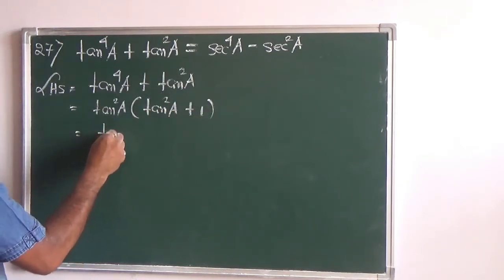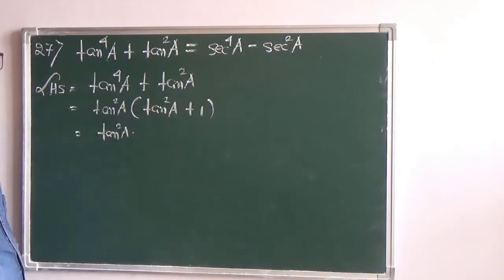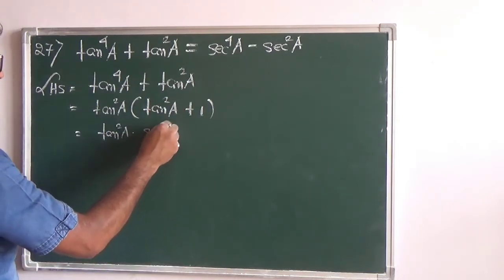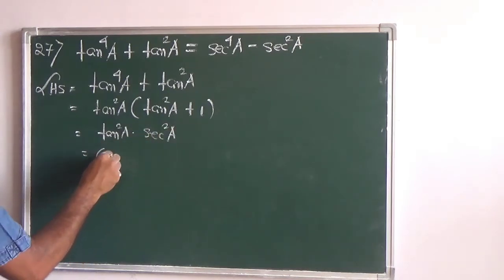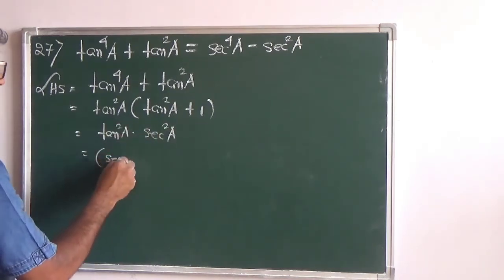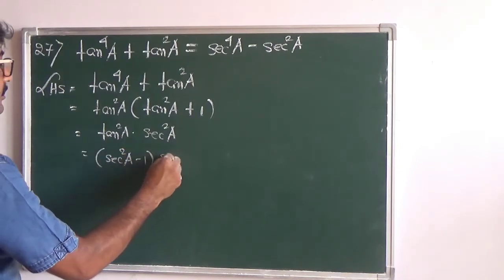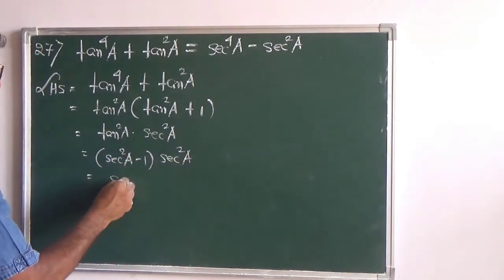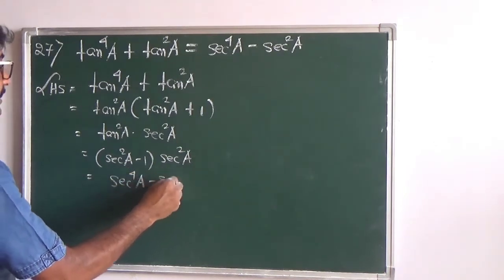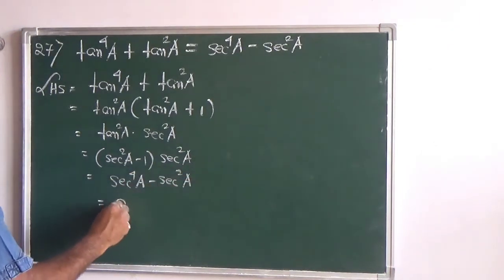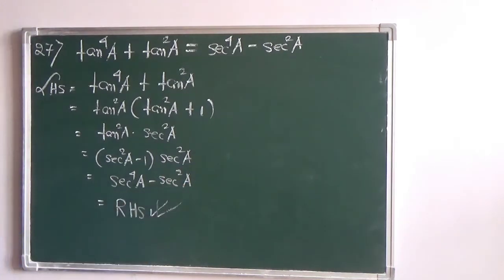So this is tan square A, and 1 plus tan square A is sec square A. Now tan square A is sec square A minus 1 into sec square A. So this becomes sec to the power 4 A minus sec square A, and that is the value on the right hand side. After taking tan square A common, we get this. So this is the final result, sec 4 A minus sec square A, and that is the right hand side.